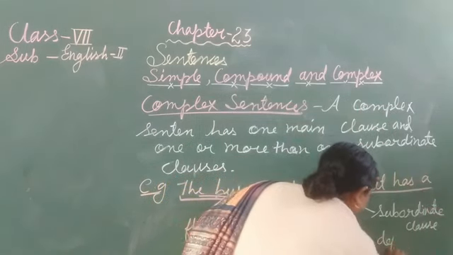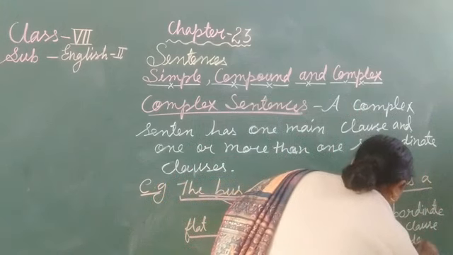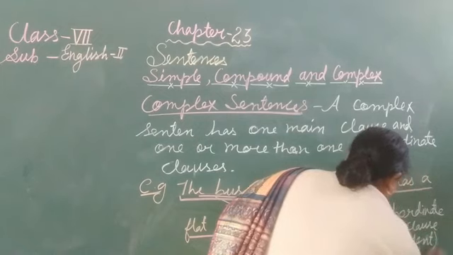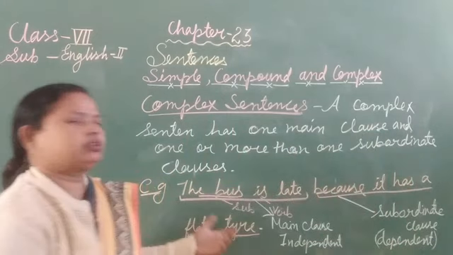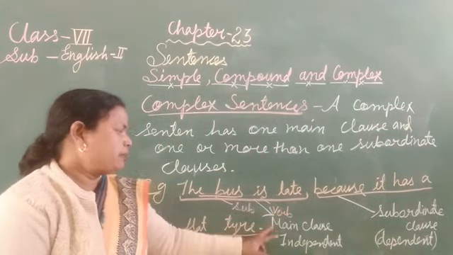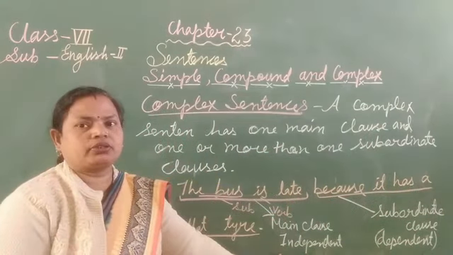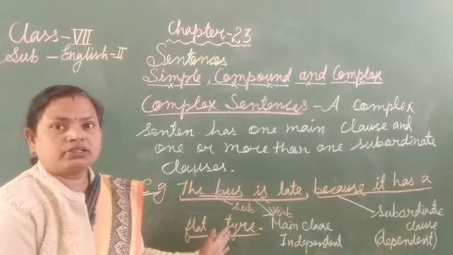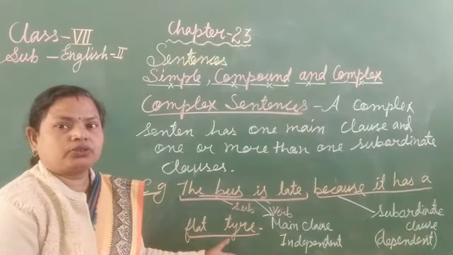It means it depends on the other for its complete meaning, so it is called a dependent clause. Subordinate means dependent, main clause means independent clause. So this is the example of a complex sentence. I hope it is clear to all of you.